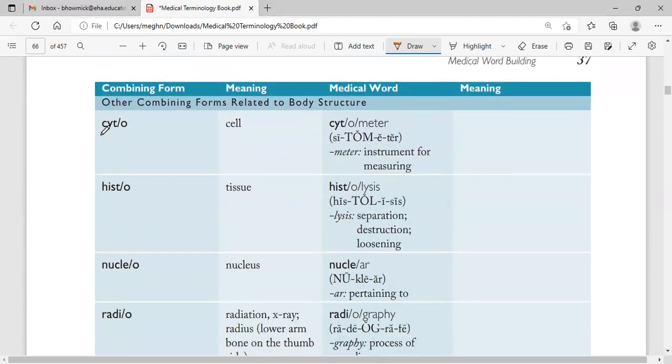Next, cyto means cell, like cytometer, cytology, cell related. Histo means tissue, histolysis, histology, something tissue related. Then nucleo means nucleus, nuclear.